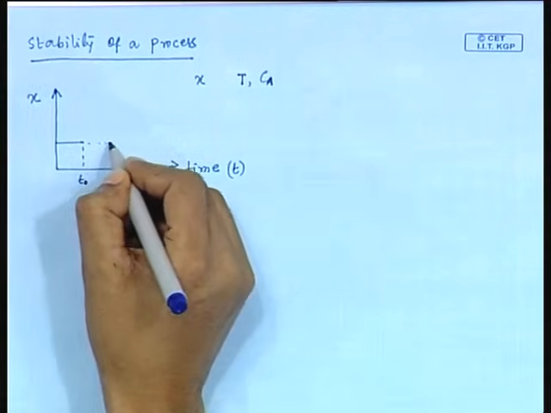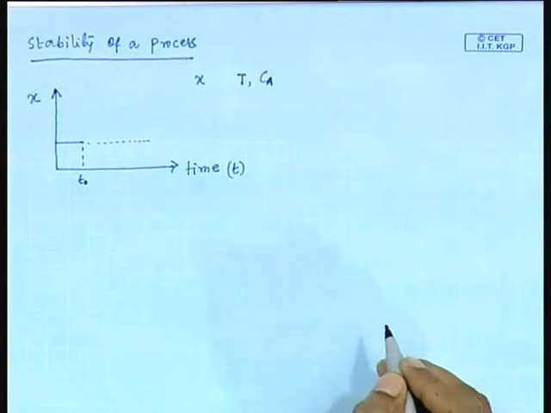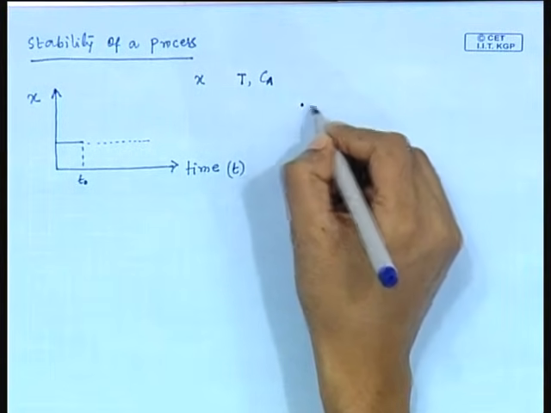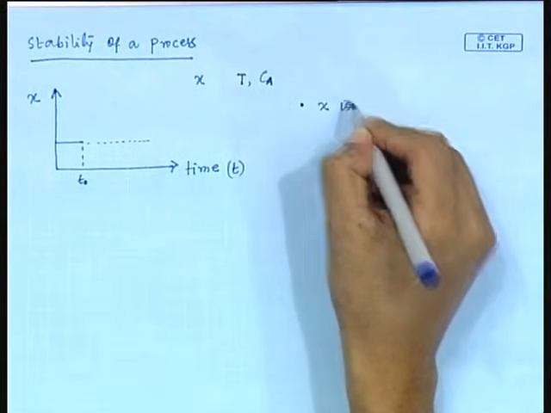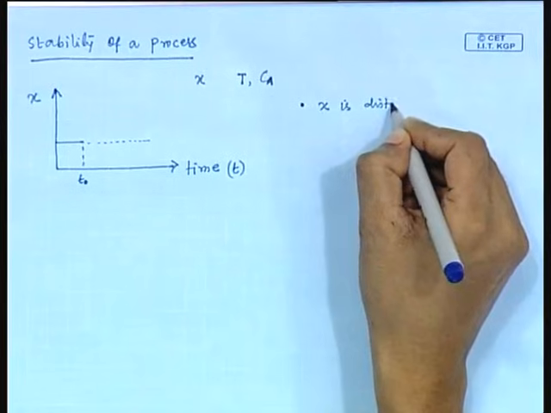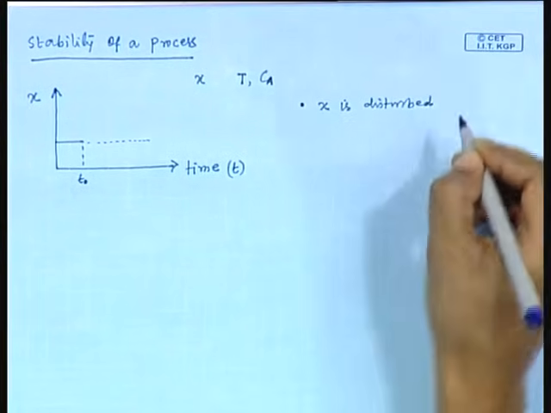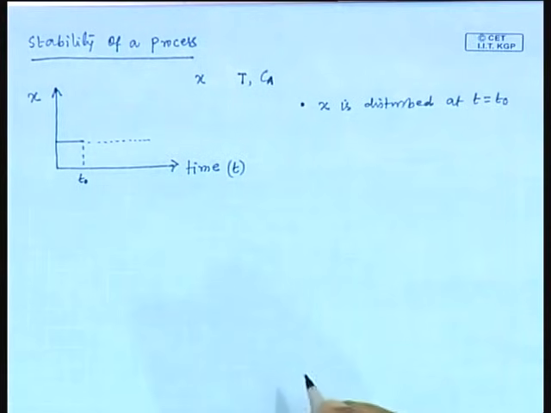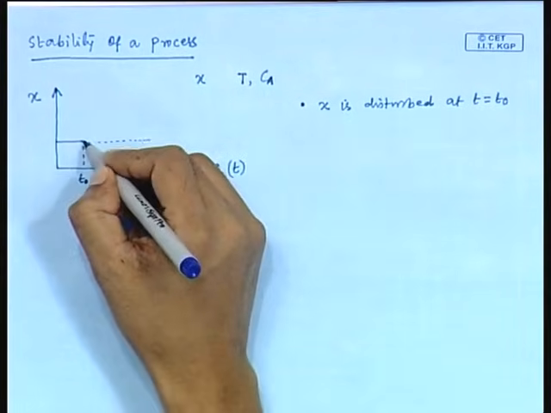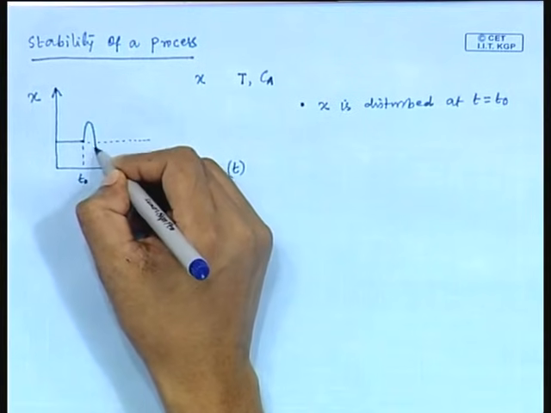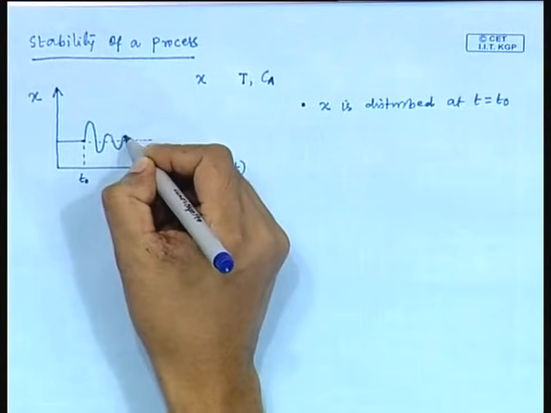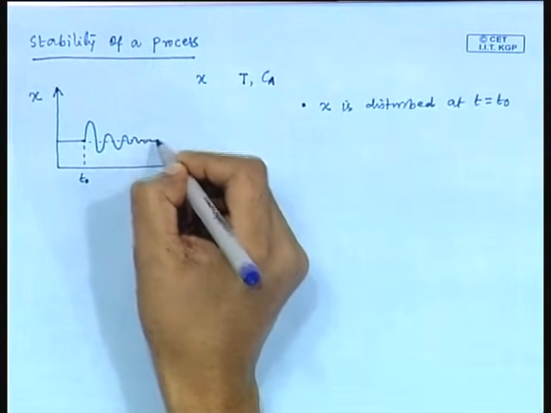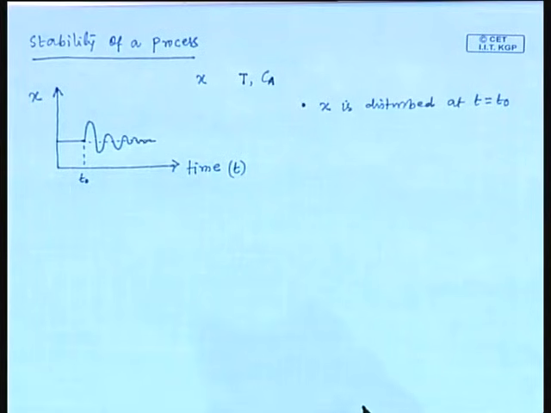This is the steady state value of x. Now, first x is disturbed at t equals t naught, fine. Now, as a result, the x shows this type of response.